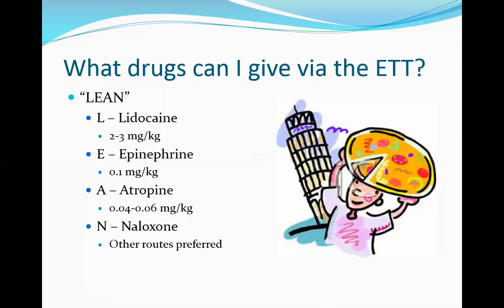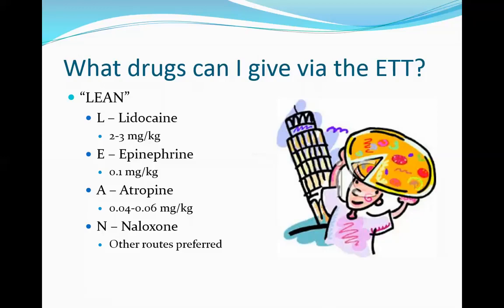A question that is often asked is, what drugs can I give via the endotracheal tube? According to the American Heart Association, you can give lidocaine, epinephrine, atropine, and naloxone, and you can use the acronym LEAN to remember that. For lidocaine, the recommended dose is 2 to 3 milligrams per kilo.